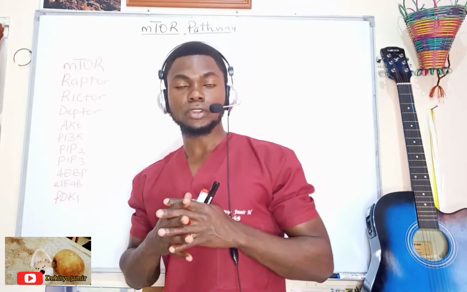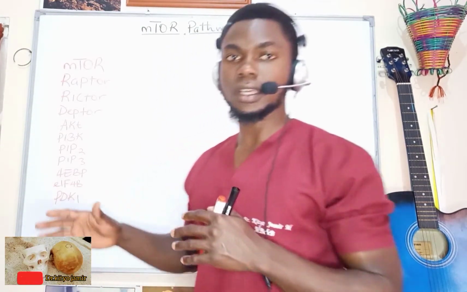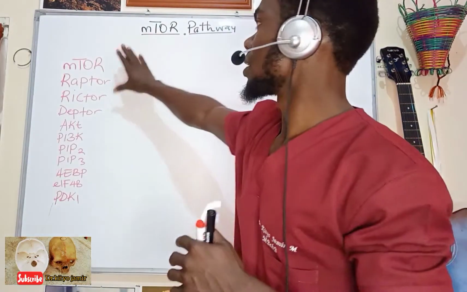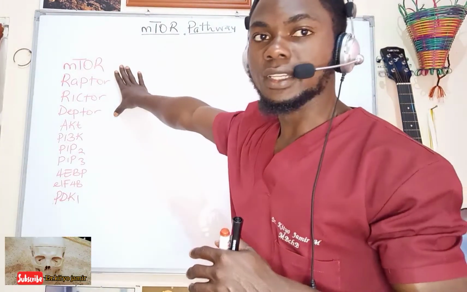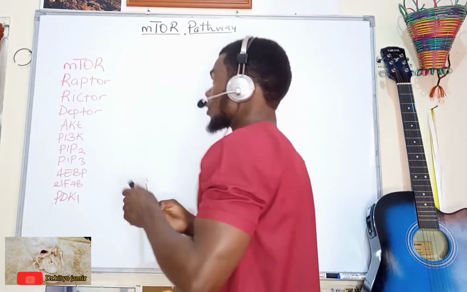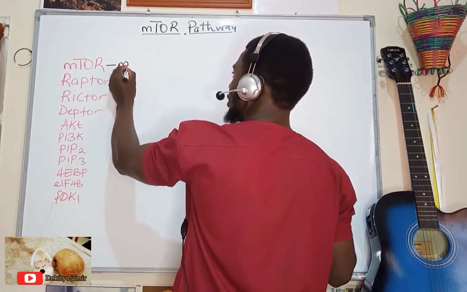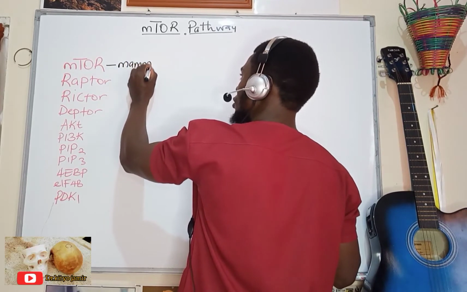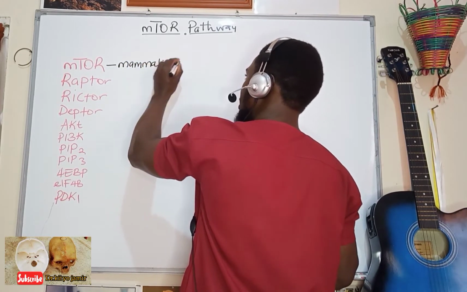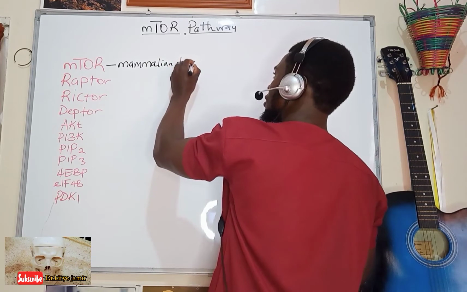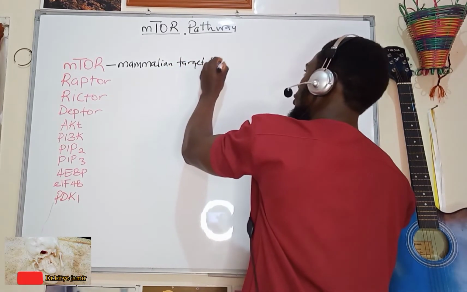In this pathway, we are going to be encountering some short forms like these ones, and we are going to see what they stand for. mTOR stands for mammalian target of rapamycin.